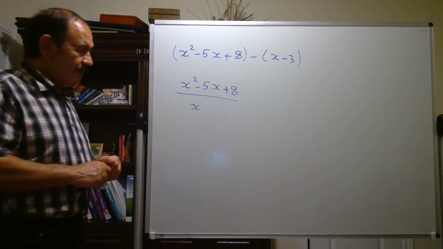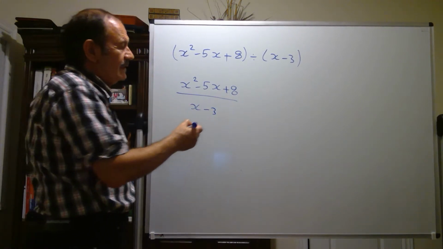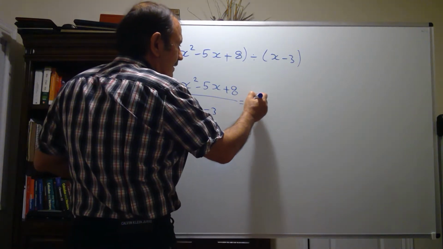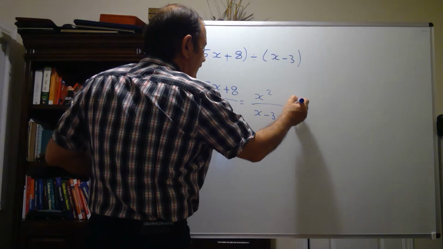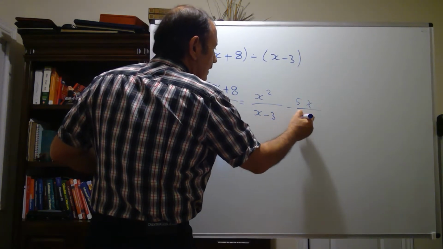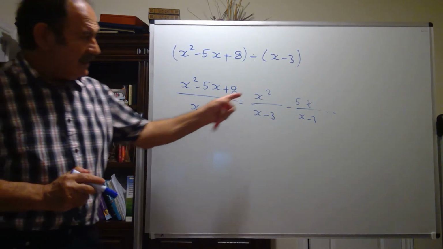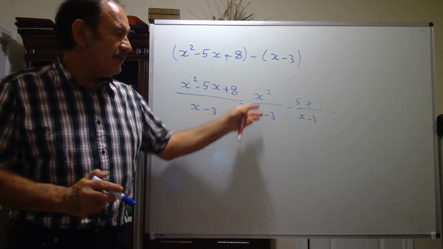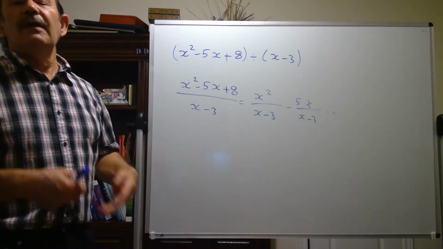But in this case, because this x minus 3 is here, even if we separate x squared minus 3 minus 5x over x minus 3 and so on, again we cannot reduce this x squared and this x, because of this negative 3.